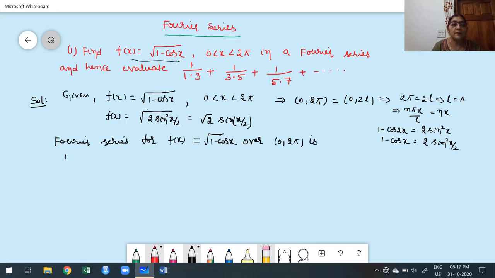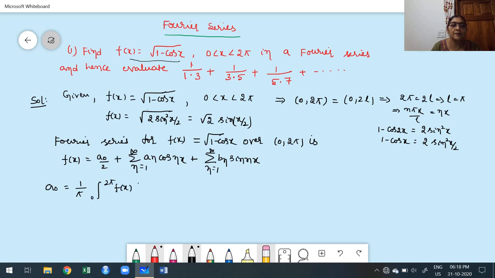I go for the first case, therefore f of x is equal to a naught by 2 plus summation n ranging from 1 to infinity a n cos of nx, where you already simplified that n pi x by L is nx, plus summation n ranging from 1 to infinity b n sin nx, where what is the a naught formula? 1 by L, 1 by pi, 0 to 2 pi, f of x dx.